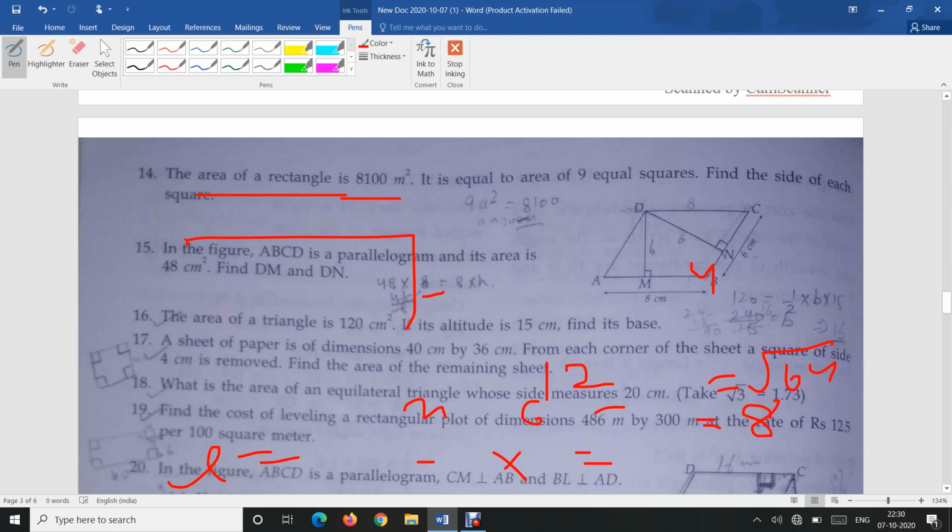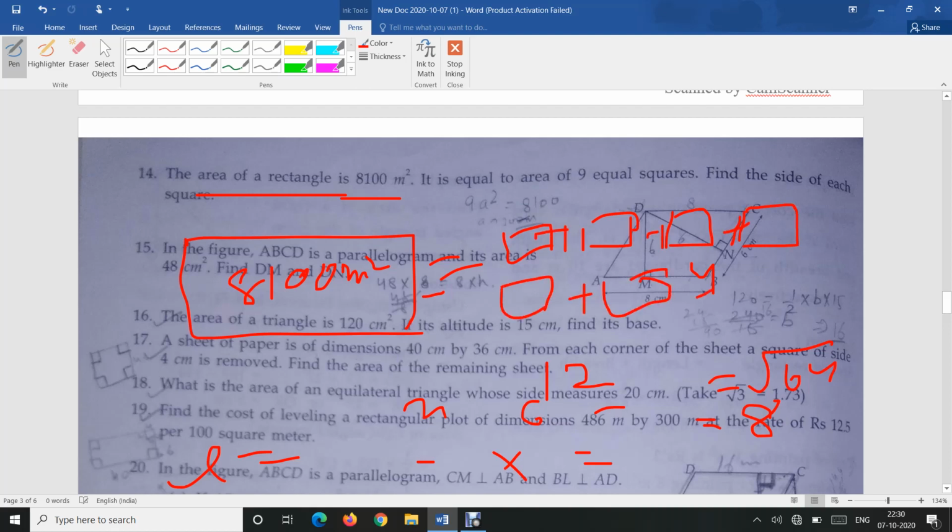This is the rectangle and its area is 8100 meter square. It is equal to the sum of 9 equal squares. The area of the sum of 9 equal squares will be equal to the area of the rectangle. So find the side of each square, we have to find the side of one square.